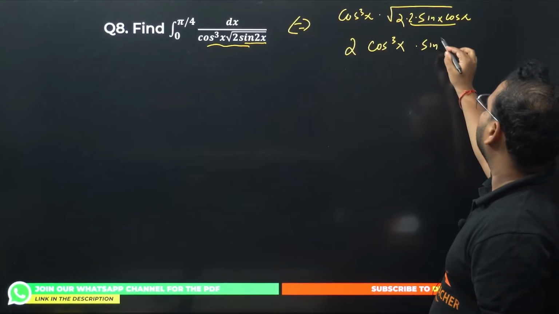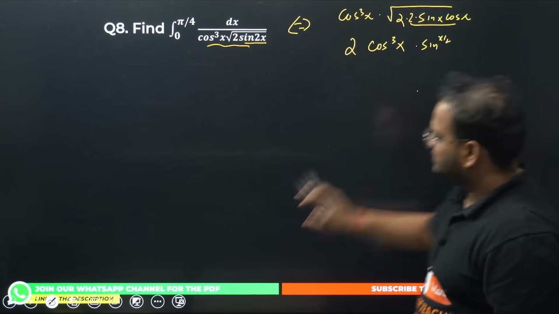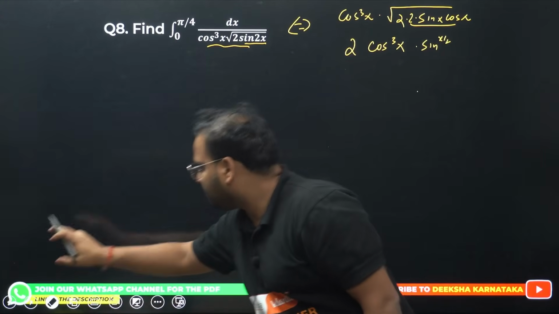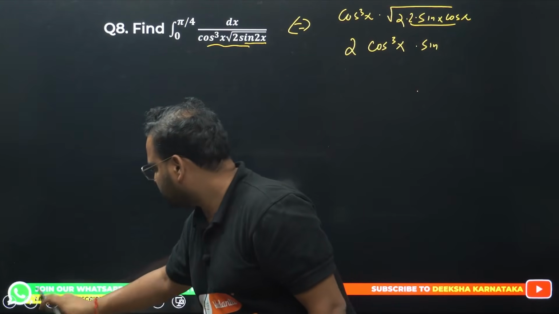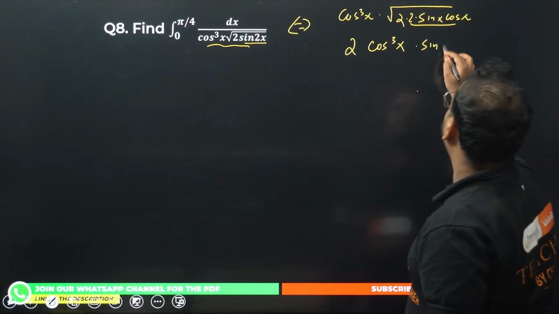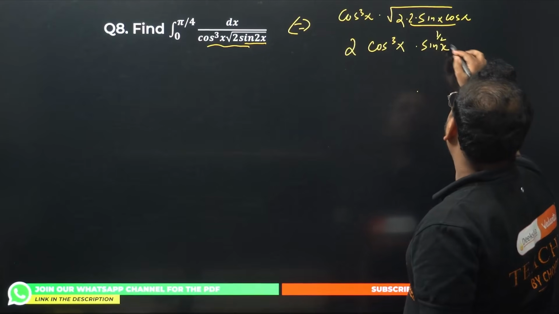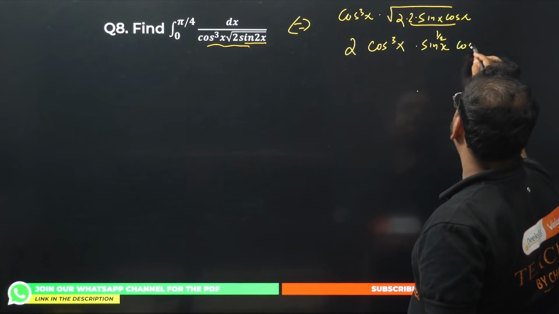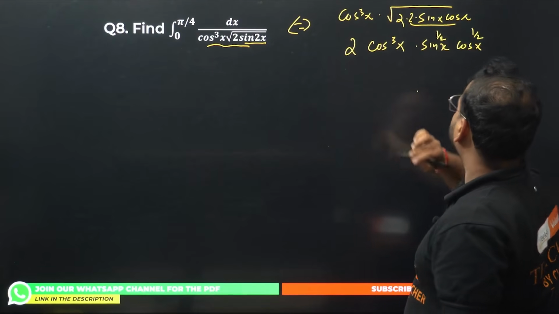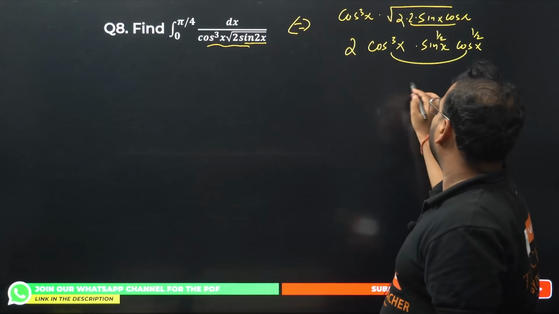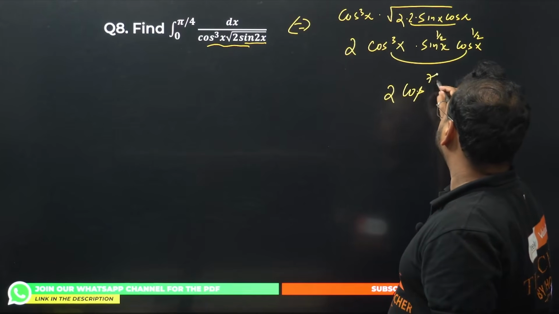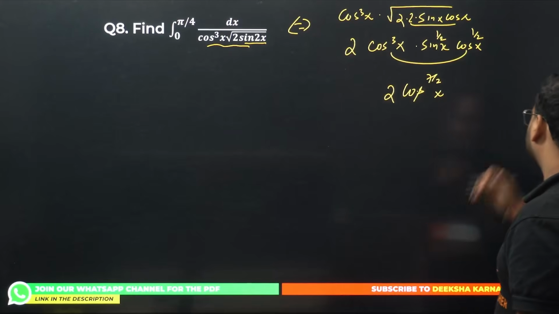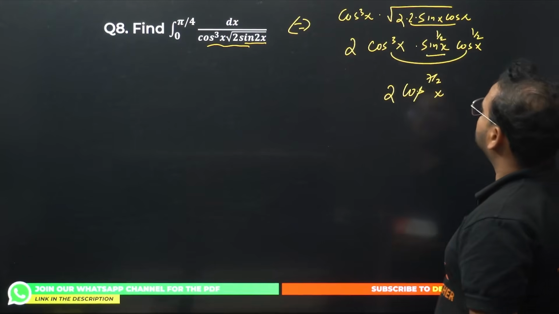sin x power 1 by 2 and cos x power 1 by 2. Combining these together, I get 2 cos power 7 by 2 x, and sin x power 1 by 2.